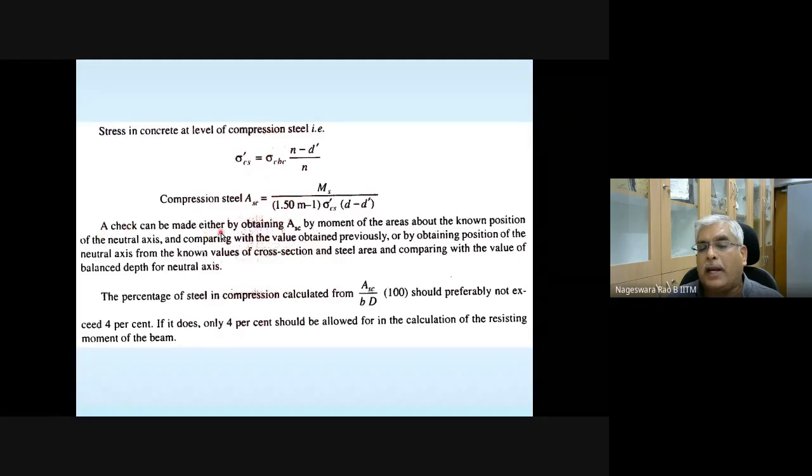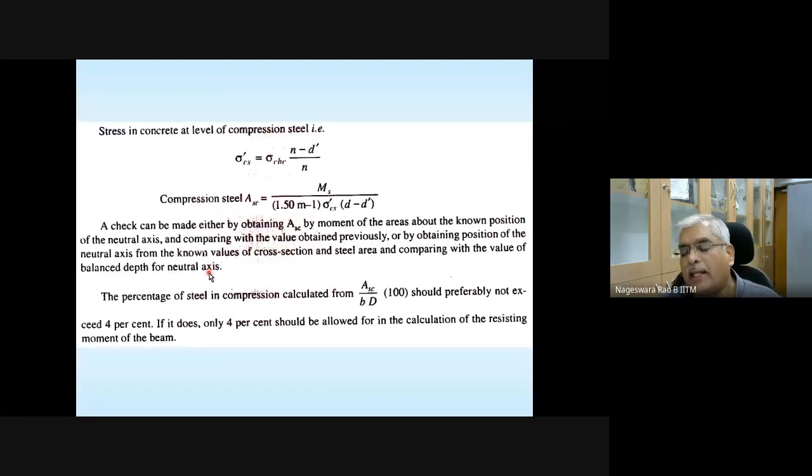A check can be made either by obtaining ASC by moments of the areas about the known position of neutral axis and comparing with the value obtained using this relation, or by obtaining the position of neutral axis from the known value of cross section and the compression steel, this tensile steel that you just now obtained, and comparing the value with the balanced depth of neutral axis.